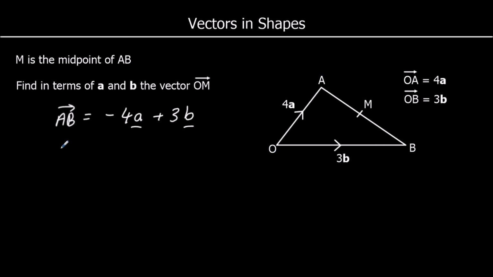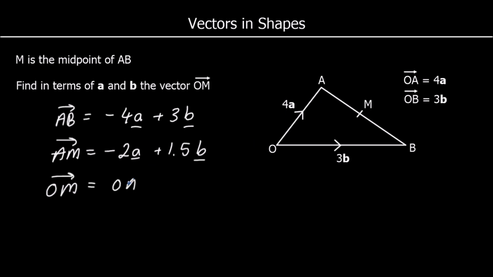So A to M must be half of that. So half of this: minus 2A plus 1.5B, 1.5 B's, or 3 over 2 B. So now we know A to M. We can go from O to M by going O to A, and then A to M. So O to M is going to be O to A, and then A to M. So O to A is 4A.